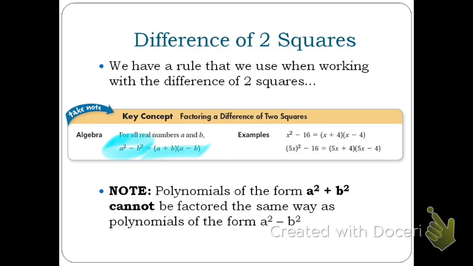Now, something that I do get questions about. Students will say, what if you're adding between those? The rule is you can't factor if it's like x squared plus 16 instead of x squared minus 16. As I said, it's not possible. You cannot factor, so you're not going to get any cases like that.